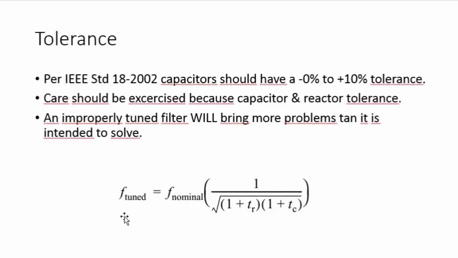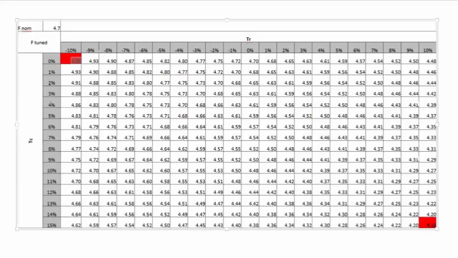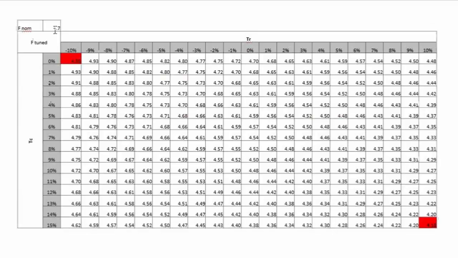The real tuning frequency for the filter is the nominal tuning frequency times that formula. So when you evaluate it using Excel, for example, you may find that a filter that is tuned to the 4.7 harmonic, because of the tolerance of the reactor and the capacitor, can go all the way down to 4.18, or all the way up to 4.95.